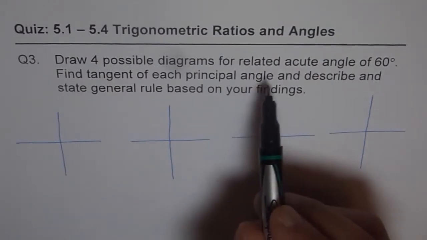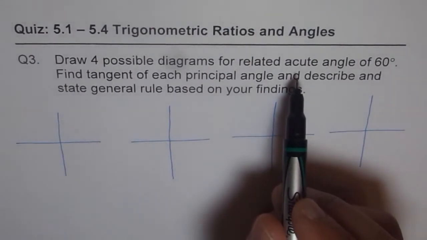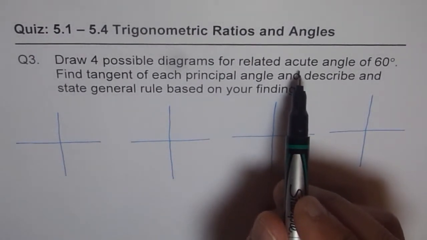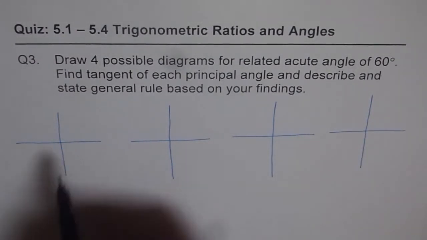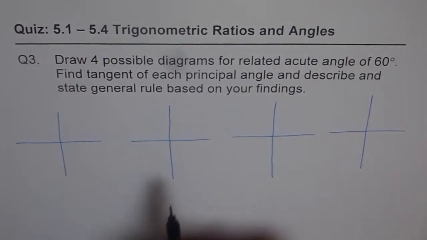So related acute angle is always measured with horizontal, right? And it is acute, it means it is between 0 and 90 degrees. So 60 degrees could be in either of those 4 quadrants, and that is why we get 4 different positions for our angle to represent acute angle of 60 degrees.